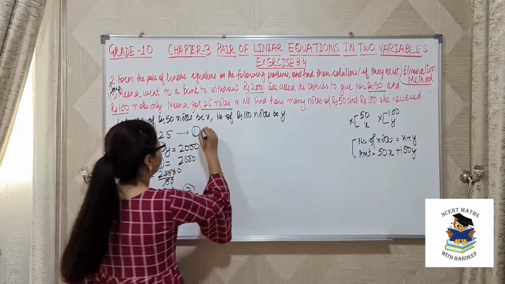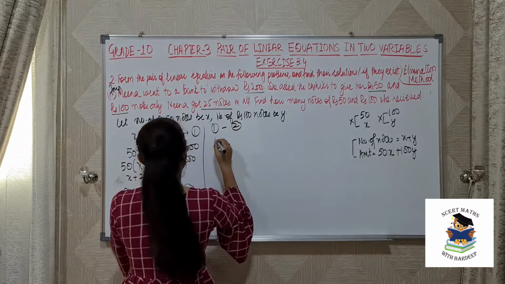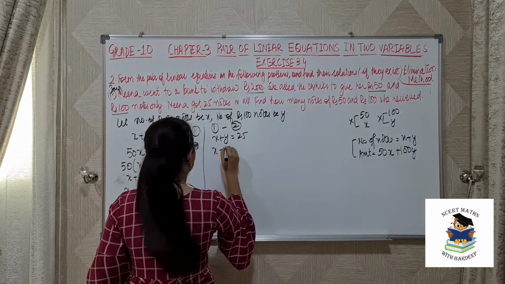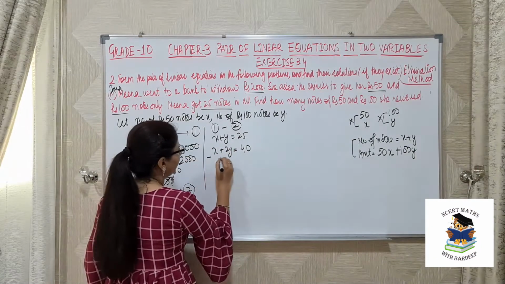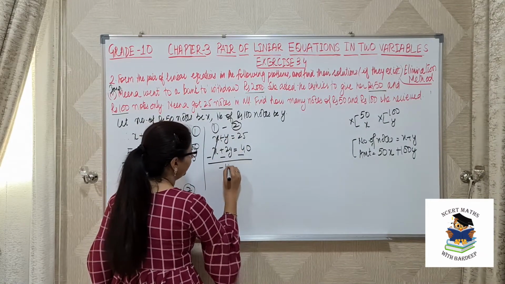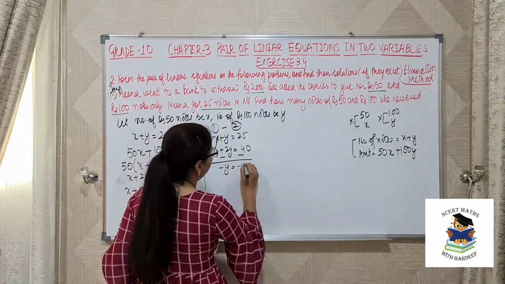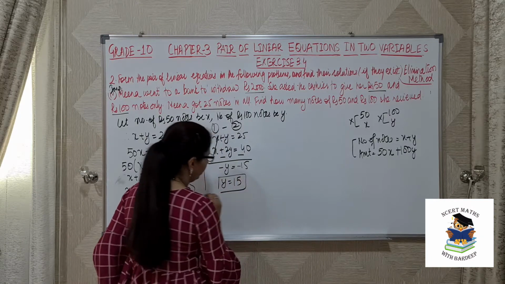Directly subtract them. So do 1 minus 2. So this is x plus y equals to 25. x plus 2y equals to 40. See, subtraction means change the signs. This is cancelled. So y minus 2y is minus y. 25 minus 40 is minus 15. So y is 15 in our case.